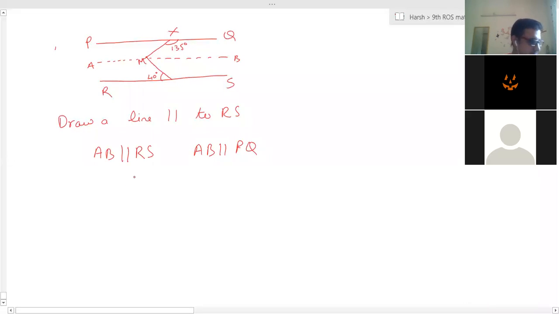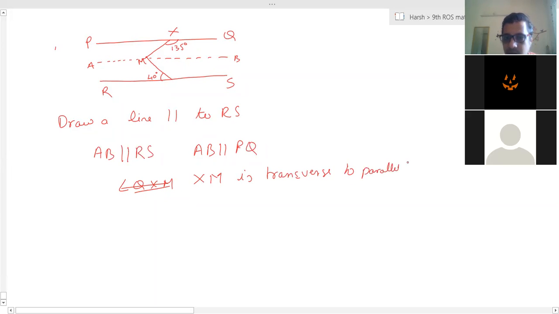Angle QXM, or we can write it as XM is transverse to parallel lines PQ and AB.